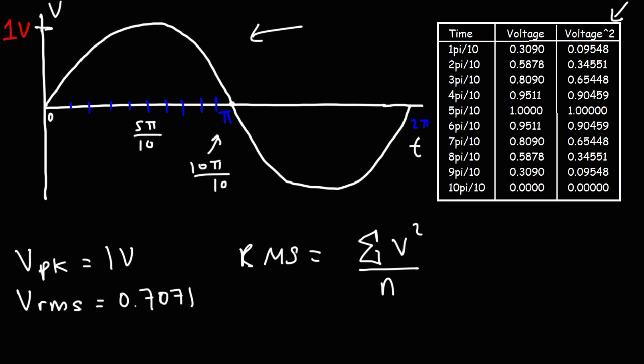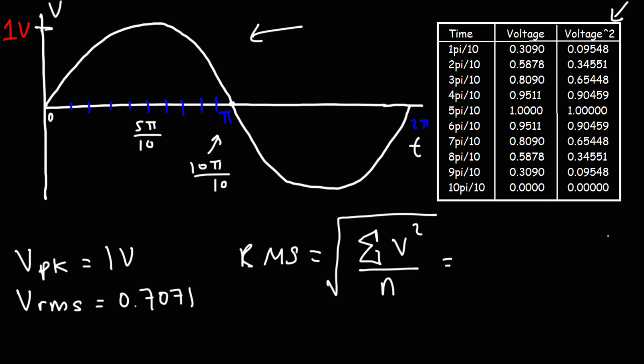So that is the arithmetic mean of the square of the voltages. And then we're going to take the square root of that arithmetic mean, which gives us the root mean square. So that's how you find the root mean square of a set of numbers. You take the average of the squares, and then you take the square root of that result.